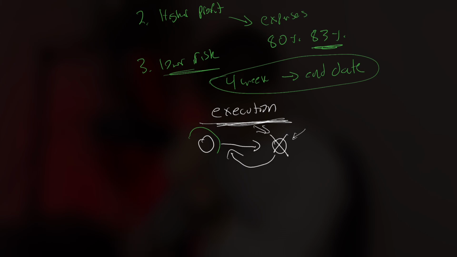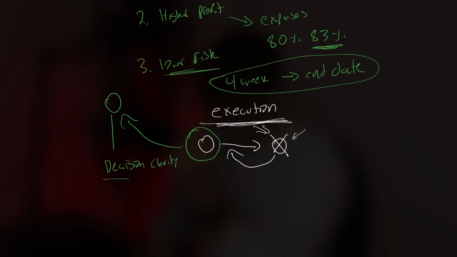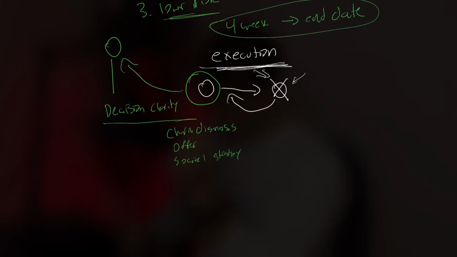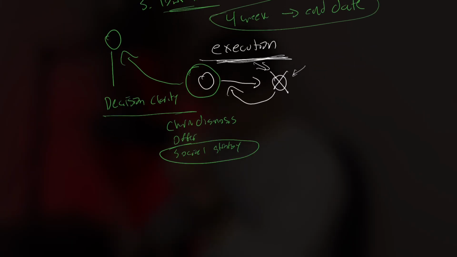So we had to move our client's offer upstream to the highest leverage point that they already had access to, which we concluded was decision clarity. The deliverables our client had for their clients were a churn diagnosis, offer redesign, and a lot of social media strategy, specifically for business owners to get them more views that convert higher for their offer.